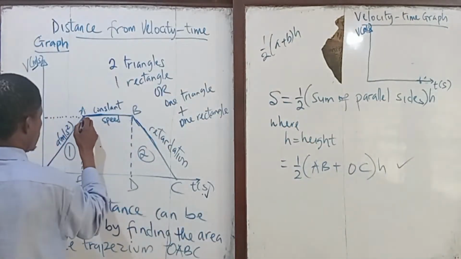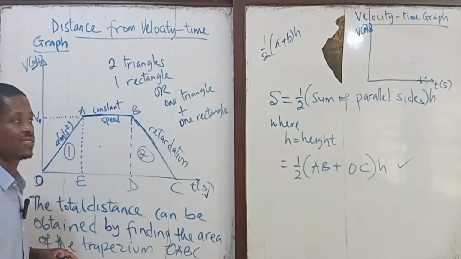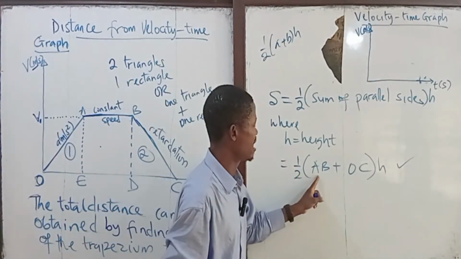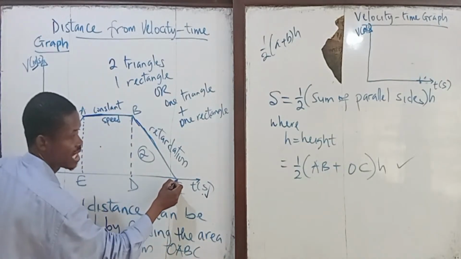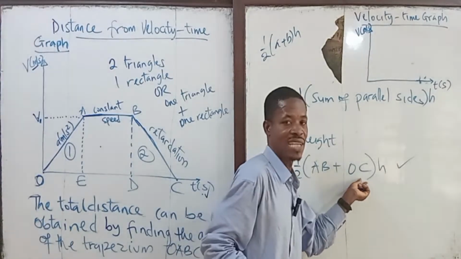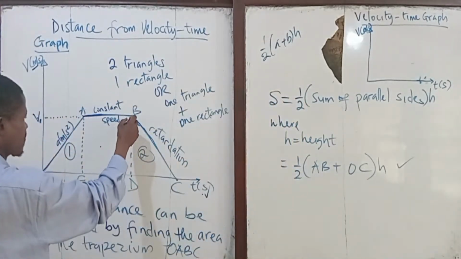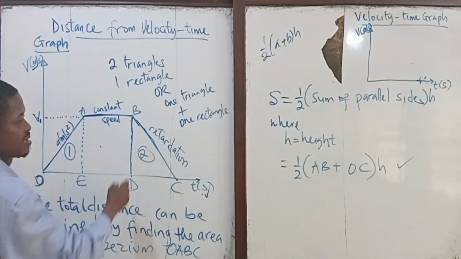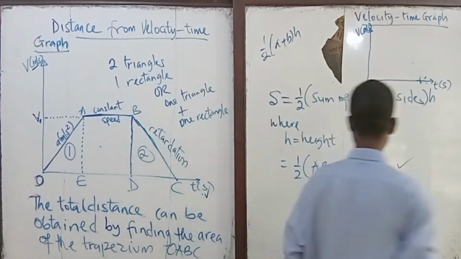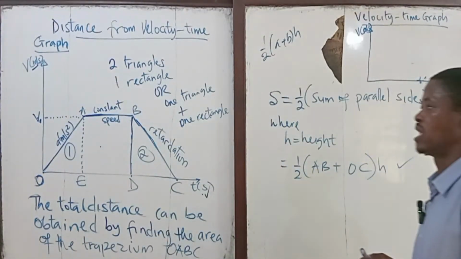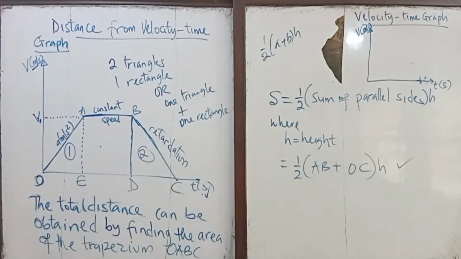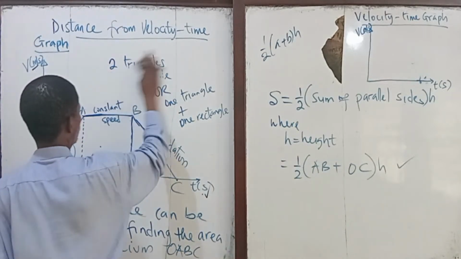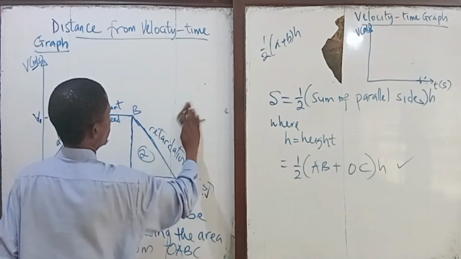One is here, AB, that's one parallel side. That's why we said half times (AB plus another parallel side from here to here, OC), and then times the height. This is your height. So that is one way to find the total distance, by looking at the geometry using the area of a trapezium.